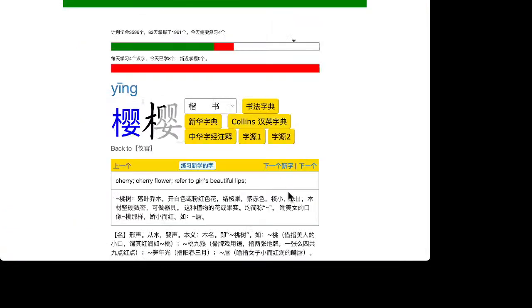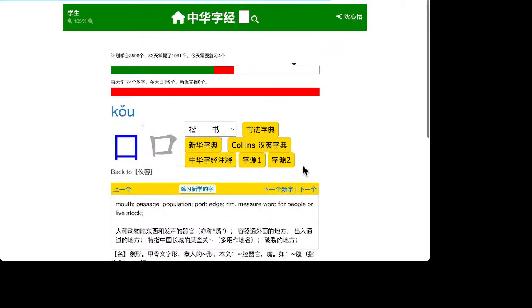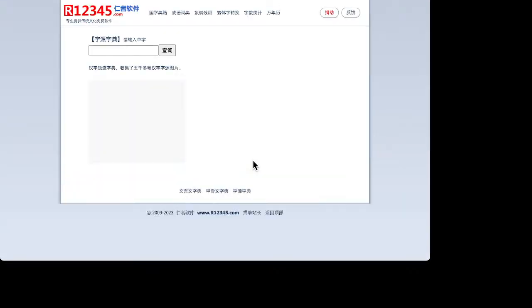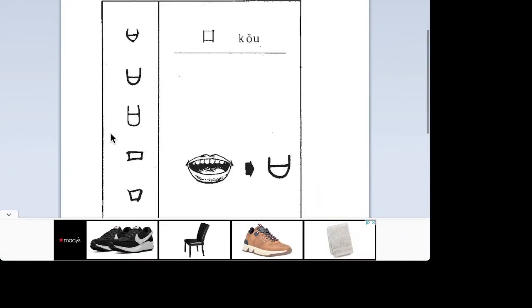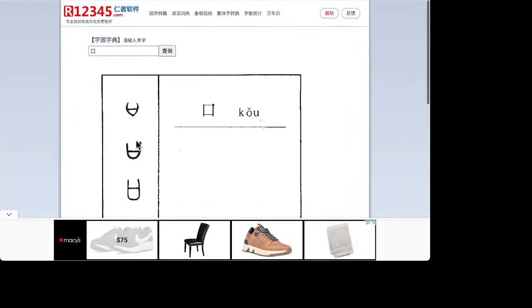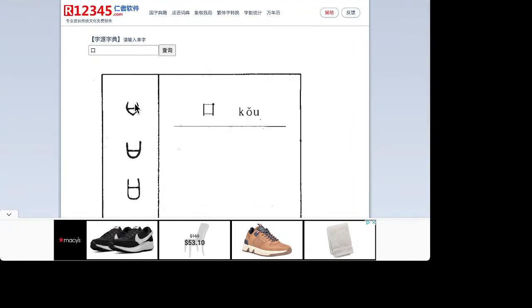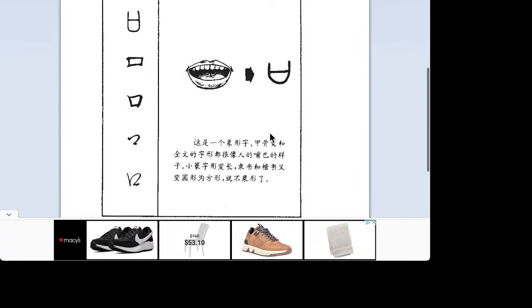So that's why we say yin kou. Kou. It's a square now, but it used to be more of a, see, you used to have this like on the corners, just like the corners of the mouth. Over time it got simplified into just literally a square box.